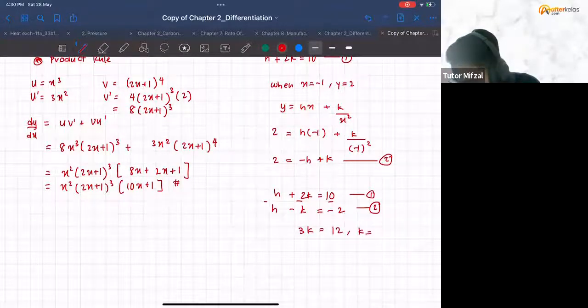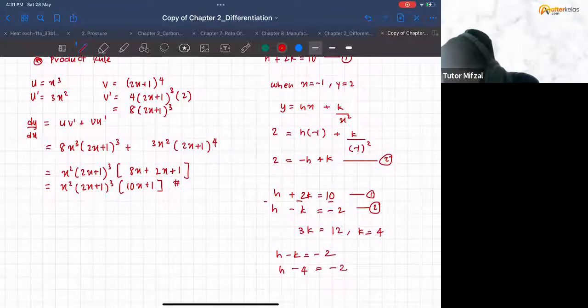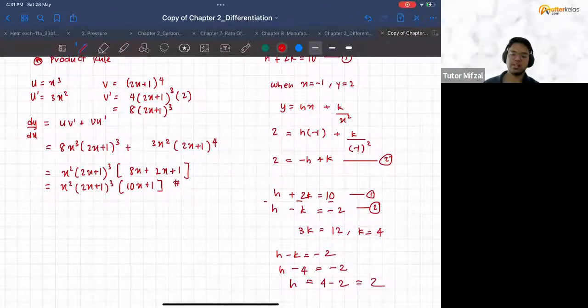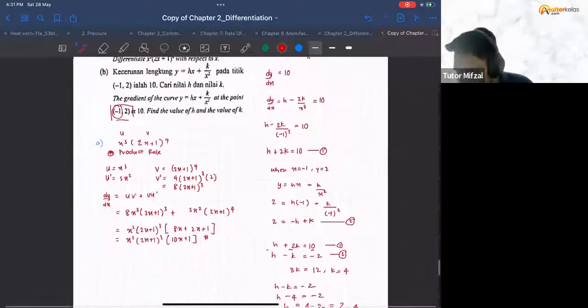So your k is equivalent to 4. Your h minus k equivalent to -2. So h minus 4 is equivalent to -2. So h is just 4 minus 2, which is equivalent to 2. So there you go. You get your value of h and you get your value of k.